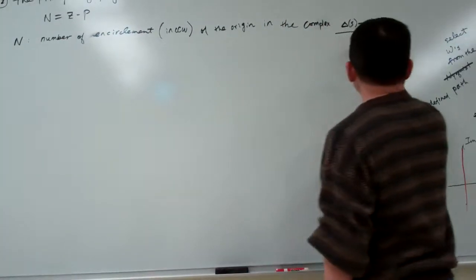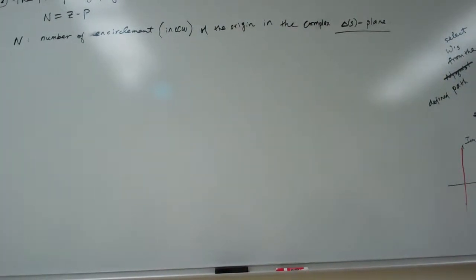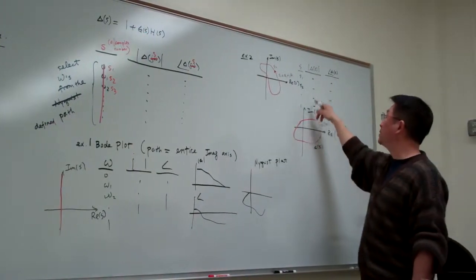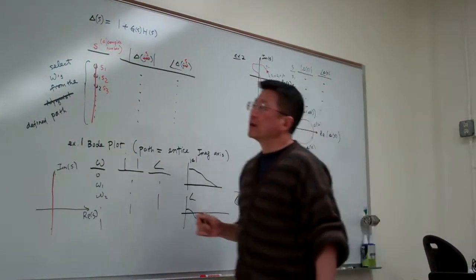So right now you know this one corresponds to this plane, and that is a plane, the plot of the point corresponding to this. And what is Z?